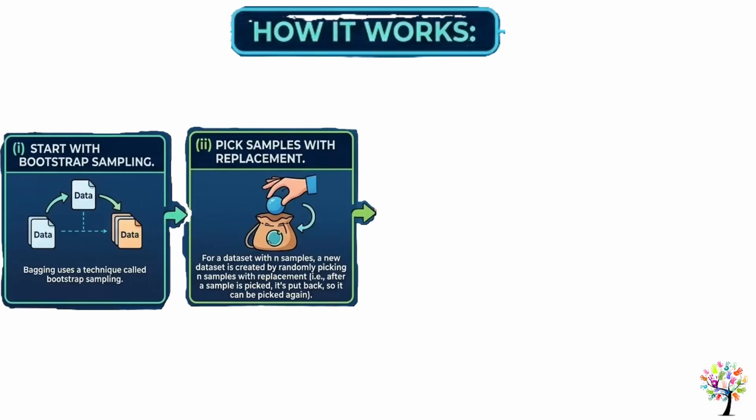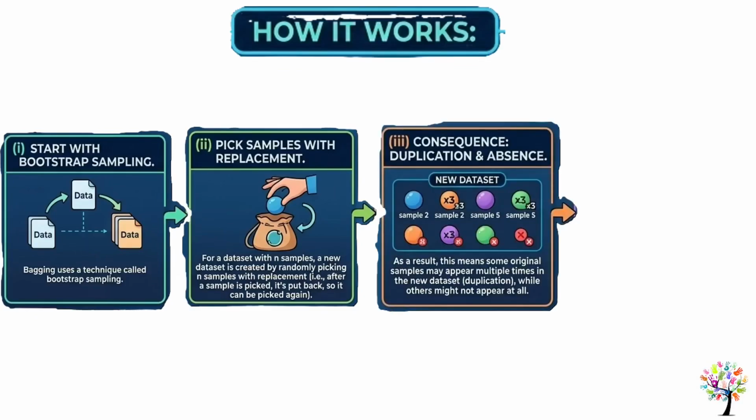For a dataset with n samples, a new dataset is created by randomly picking n samples with replacement. What that means is you can pick a sample, but once you're done, you put it back in. So that has the potential to create duplication because you have the opportunity to reselect the data from that dataset, which adds some redundancy.